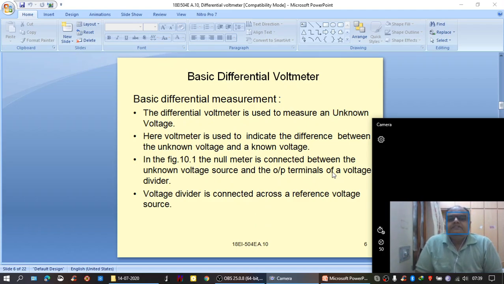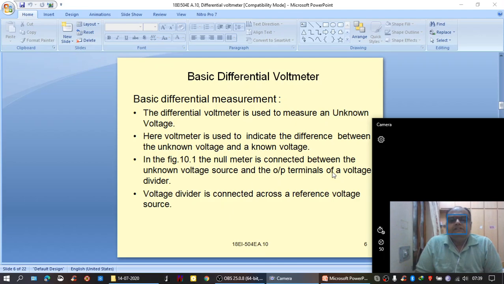Basic differential measurement. The differential voltmeter is used to measure an unknown voltage. Here, the voltmeter is used to indicate the difference between the unknown voltage and a known voltage.